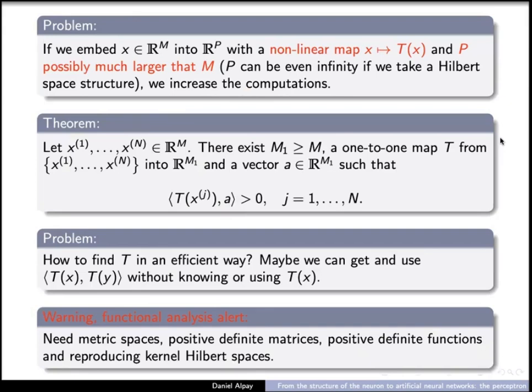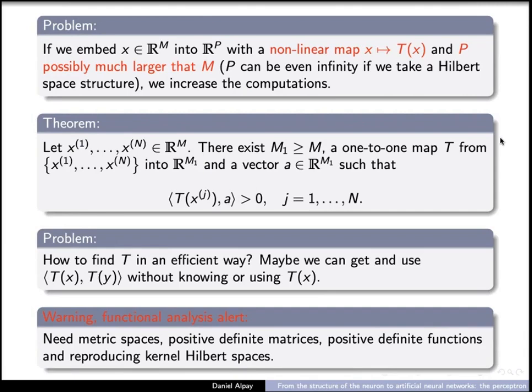Such functions are very important in mathematics. They are called positive definite functions, or approximation kernels. So we have here a link between machine learning and this very difficult, interesting topic. Now I put here a warning, functional analysis. Here we need metric spaces. I will not give all the details: positive definite matrices, positive definite functions, and reproducing kernel Hilbert spaces.